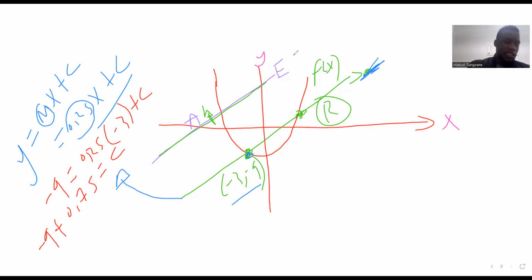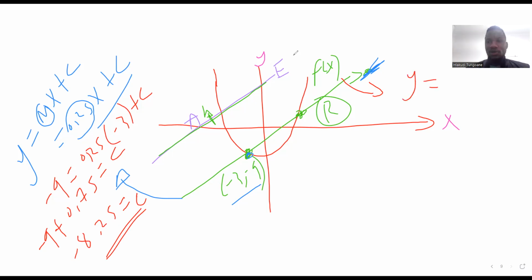That's going to give us -8.25 as the value of c. So the equation of the line we're looking for is y equals 0.25x minus 8.25.